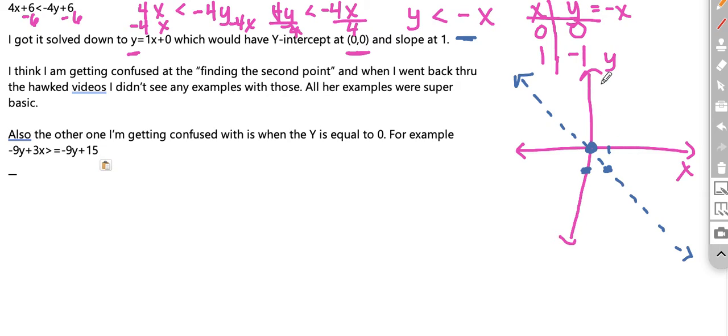So here, now we need to know, where do we shade? Well, y is less than negative x. So what we can do is, let's go ahead and pick a point over on this side. Let's just say this is the point 3, 3, where x is 3 and y is 3. Okay, and let's see if it's true.